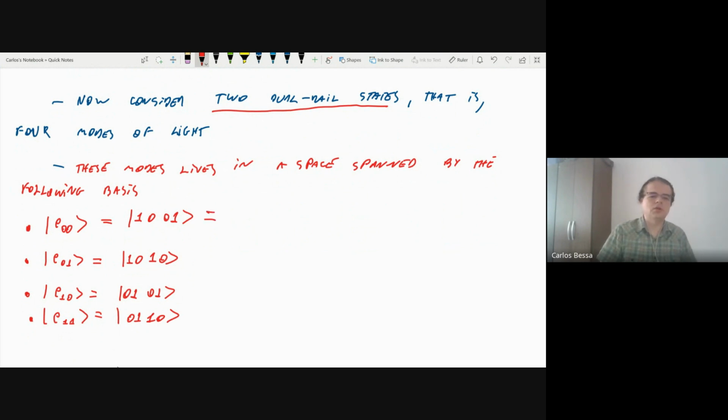Okay, this is what is written in Nielsen and Chuang, but what he means, let's just do explicitly here. This is the mode B, let's call B2. So I have 4 modes, right?